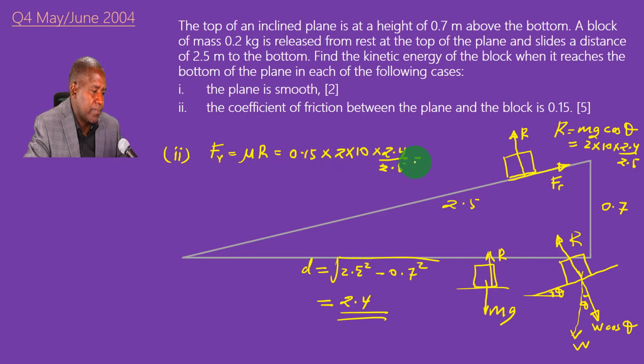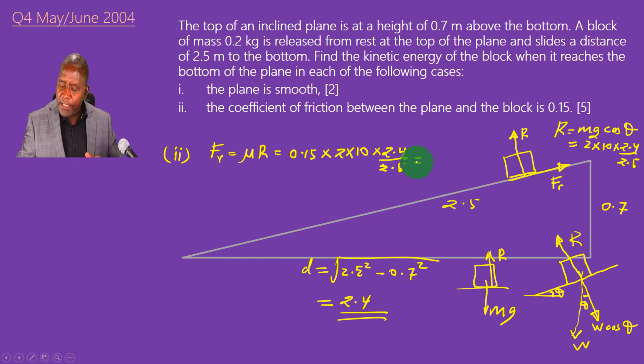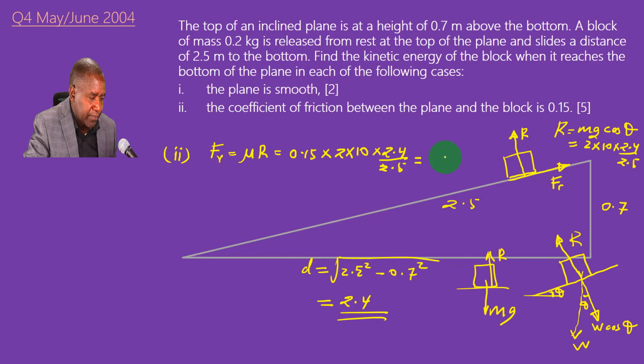So let's just work out that frictional force. 0.15 we multiply by 20, multiply by 2.4, and we divide all that by 2.5, and we get 2.88.